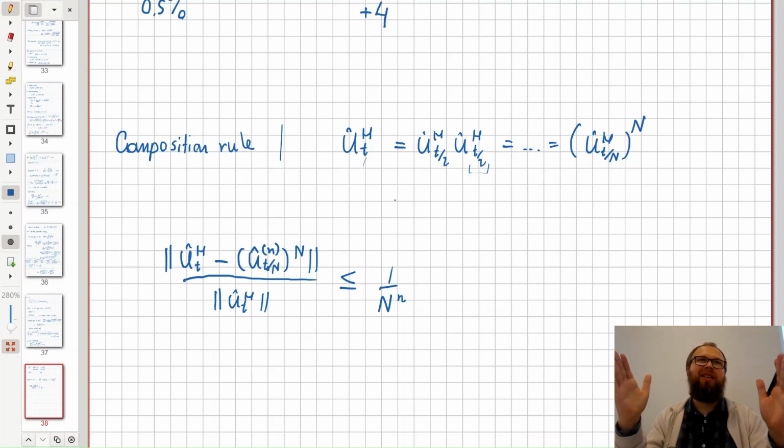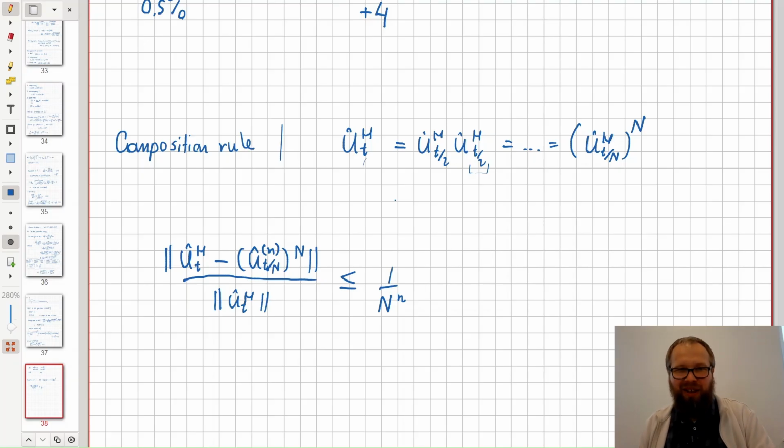And then you multiply. So that's the approximation. Because if there was just h here, that would be 0, because it would be the exact result.